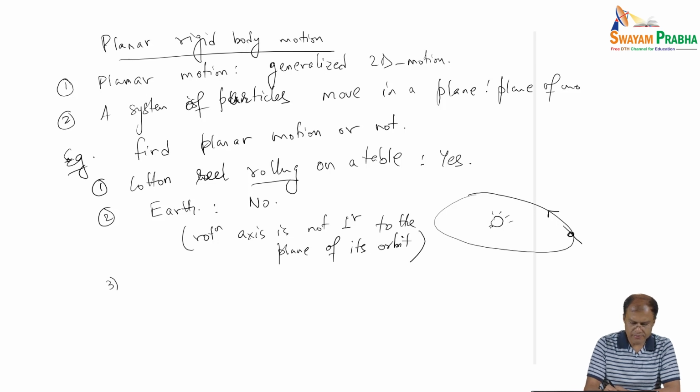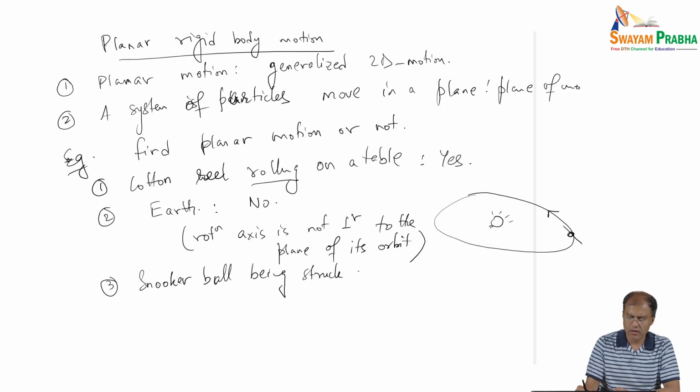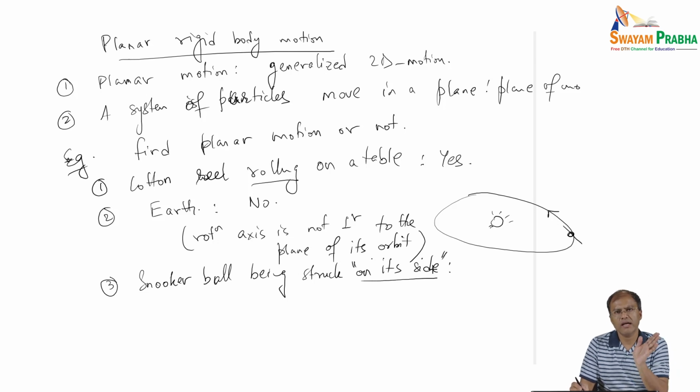And then the third is the case of a snooker ball or a billiard ball being struck on its side. Again, the fact that the billiard ball is being struck on its side, we cannot expect that the axis of rotation of the billiard ball is perpendicular to the plane of its motion.